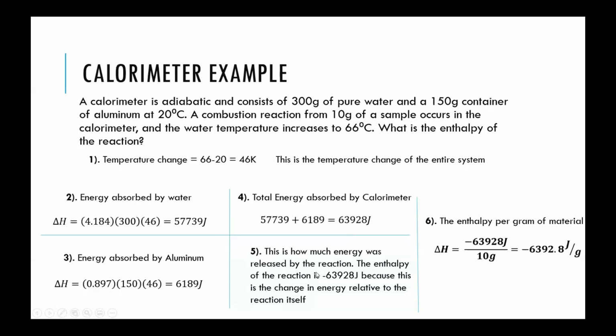So this has a negative value or a negative direction in relation to the reaction, but a positive value in relation to the calorimeter. Again, you need to make sure to carefully read these questions to see what it's asking about. Is it asking about the calorimeter, how much is absorbed, or is it asking how much is coming from or being absorbed by the reaction itself?